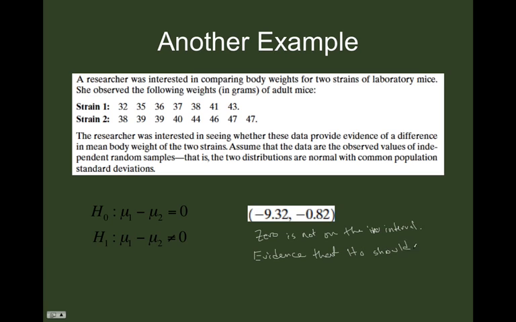So what we can conclude is that based on this confidence interval, there's statistically significant evidence that the difference in the mean body weights is less than 0. And ultimately what that means is we have statistical evidence that strain 2 is heavier than strain 1.